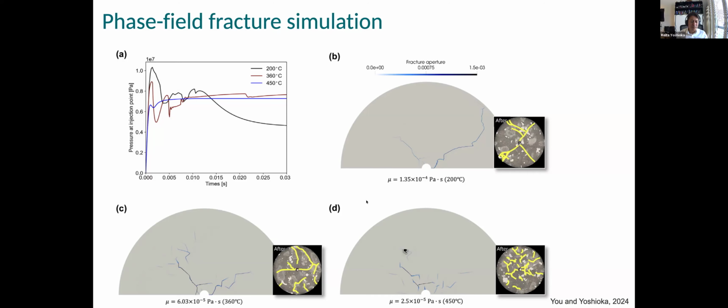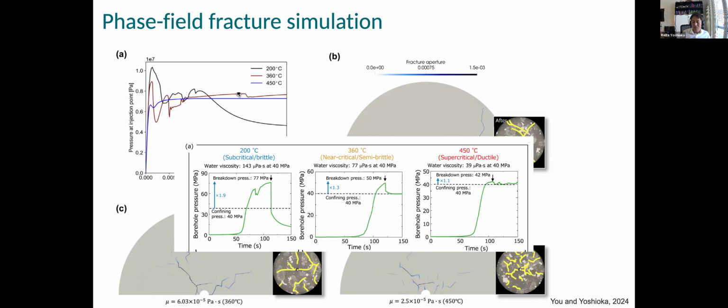In this case, we plot the response of the pressures. For the 200 degrees C case, we see a big pressure breakdown. But for the high temperature case, this blue curve, we do not see this kind of pressure breakdown anymore. Instead, the pressure increases and then stays at a high value.